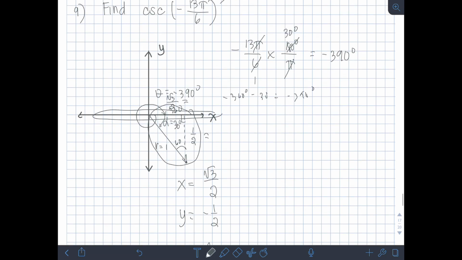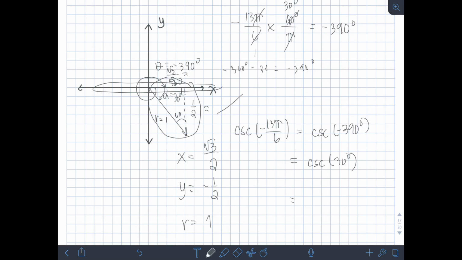So, therefore, yung cosecant negative 13 pi over 6, which is equal sa cosecant negative 390 degrees, and equal sa reference angle natin na 30 degrees with respect dito sa triangle, ha. Pag kinuha natin to, di ba yung cosecant equal yun sa reciprocal nung sine. Yung sine natin is y over r.